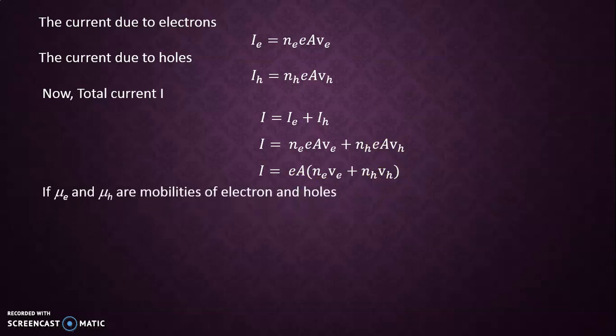Now again we know mu_e and mu_h are the mobilities of electrons and holes respectively.